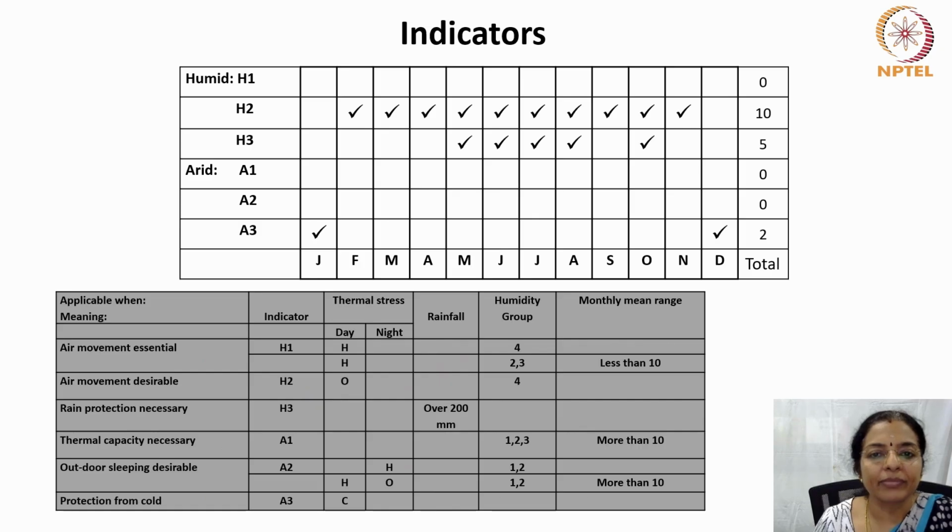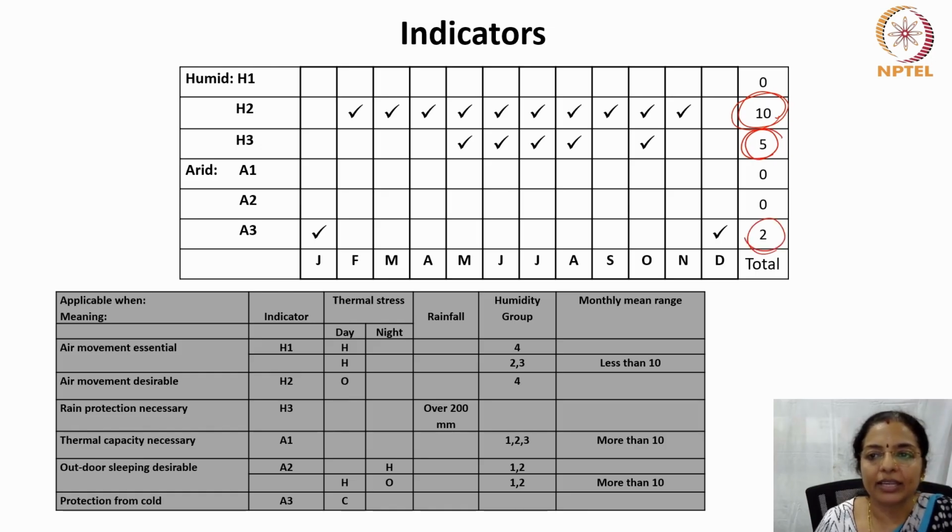So what do I finally get? I get the indicators which show that under H2 I have 10 months, under H3 I have 5 months, and under A3 I have 2 months.